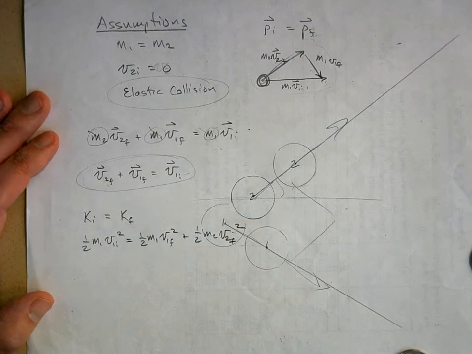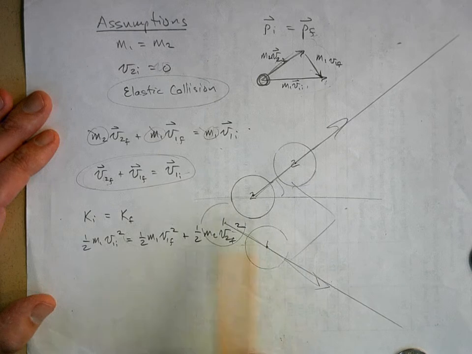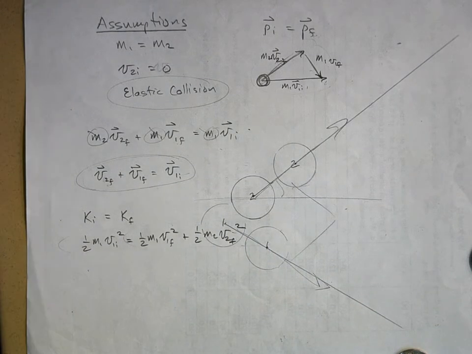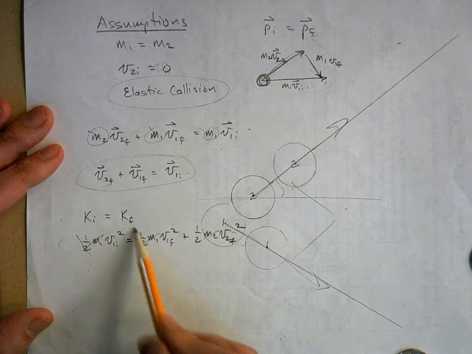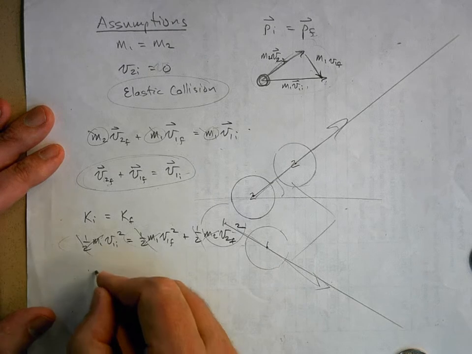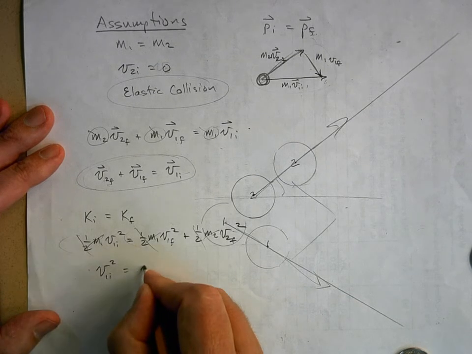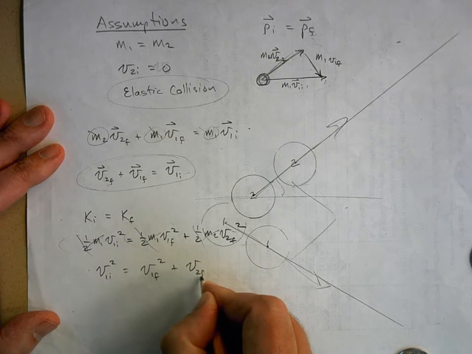Okay? This is the total kinetic energy after the collision equals the total kinetic energy you had before the collision. Now what goes away? The mass and the 1/2. So I have this: V1 initial squared equals V1 final squared plus V2 final squared.